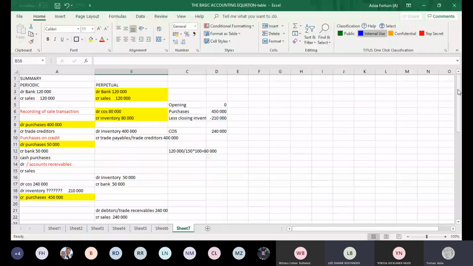Okay, so if we issue consumables to production, how do we account for that?